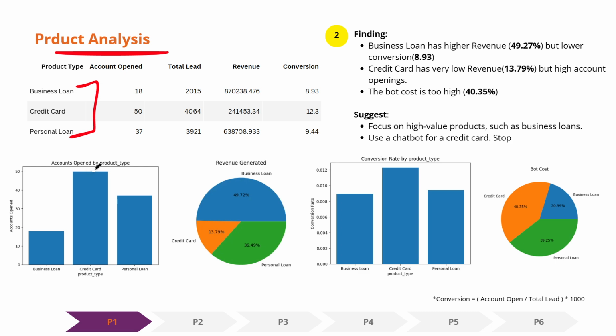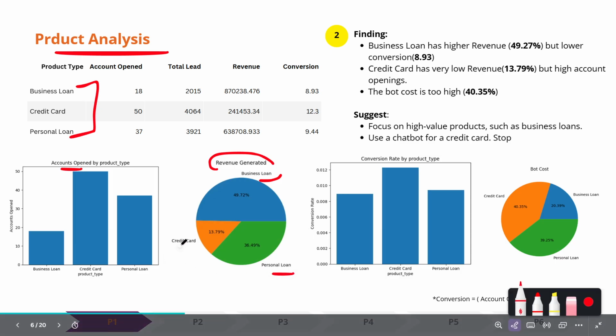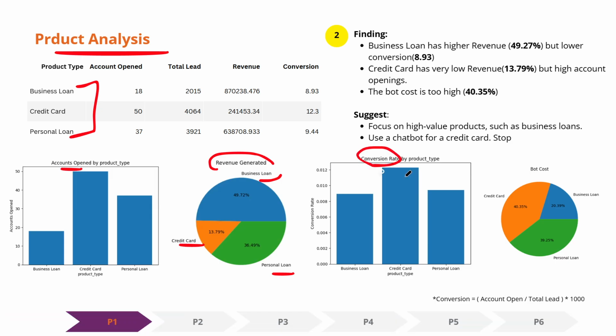First, the account open: how many accounts are opened if the call happens, and the revenue generated from which source, business loan, personal loan or credit. After that, the conversion on the basis of the product, and the bot cost.